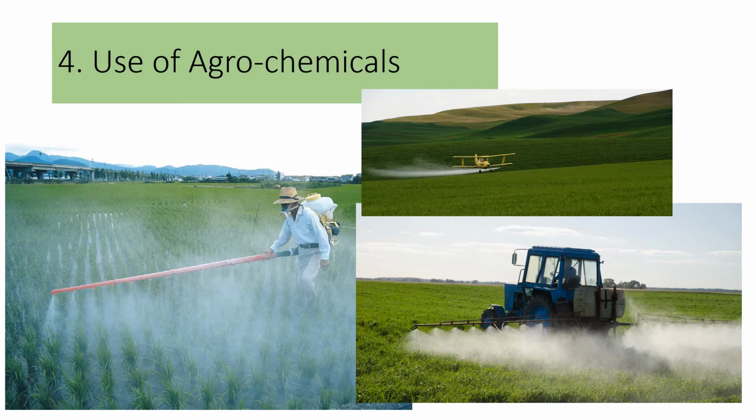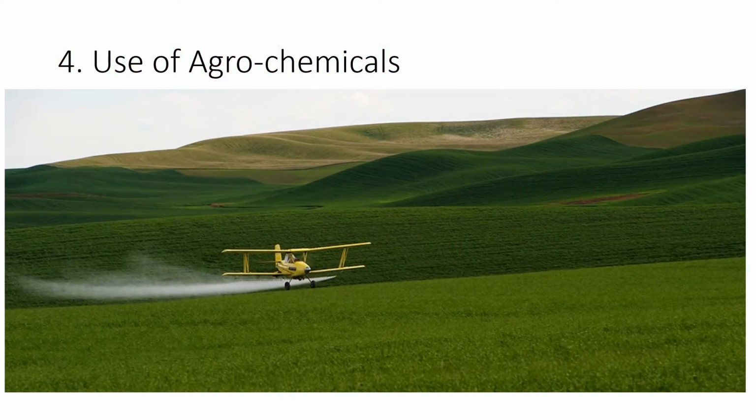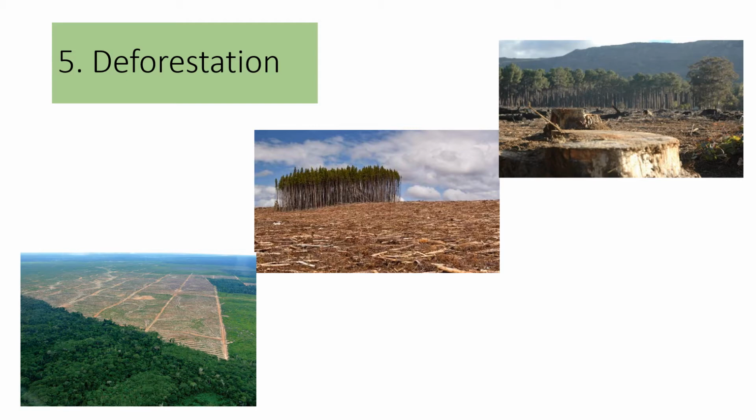Another destructive factor is the use of agrochemicals. It is destroying not only the harmful insects and pests for the agriculture, but the useful insects too. And another destructive factor is deforestation.